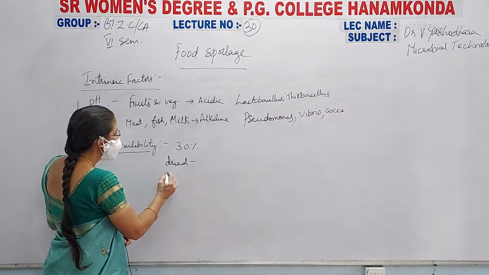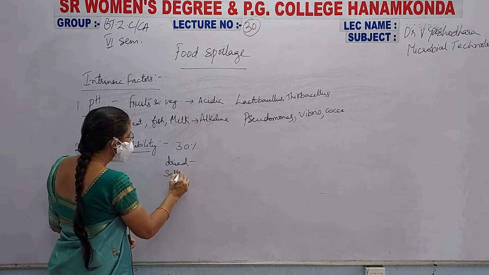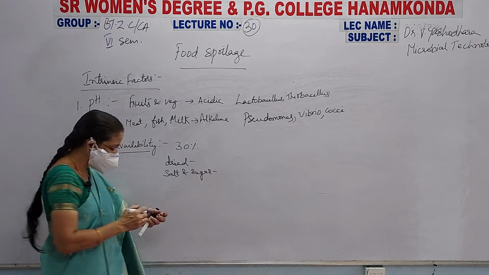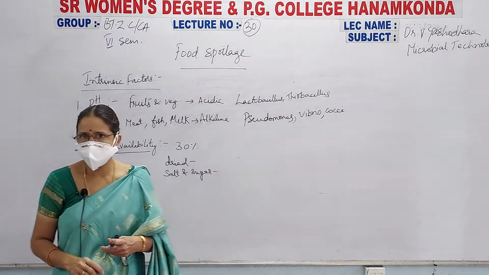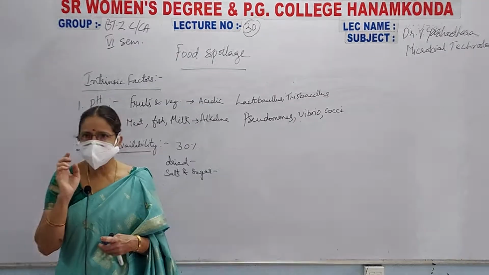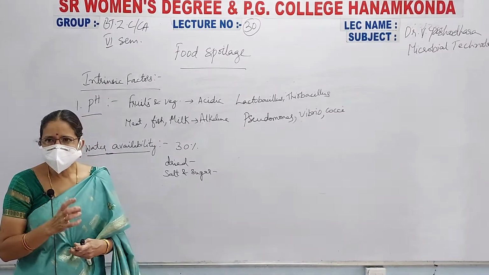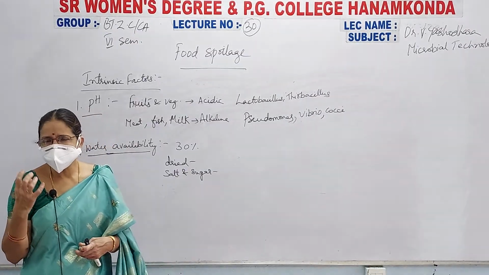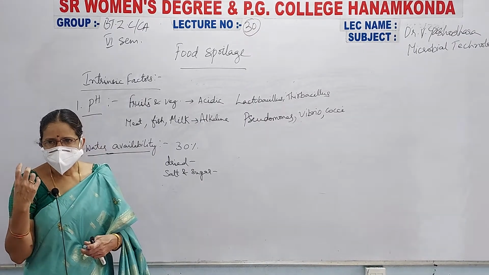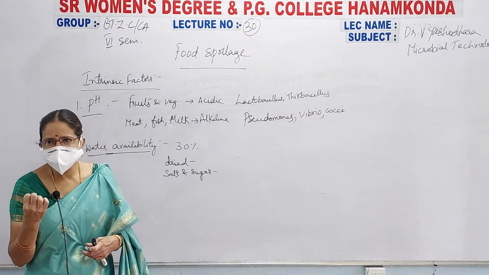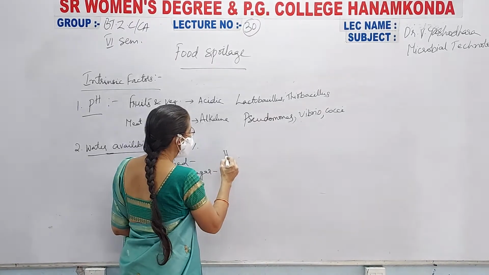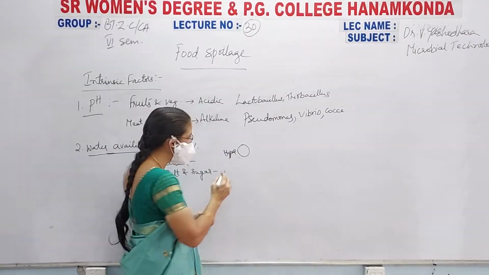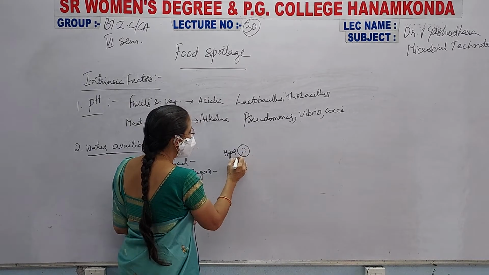Next, if salt and sweet, that is sugar, if salt and sugar are added in large amounts, then also the food won't get spoiled, because of the addition of salt and sugar, hypertonic nature is maintained. That means it becomes hypertonic, so that outside it is hypertonic and inside the microbial cell, the water that is present will come out.